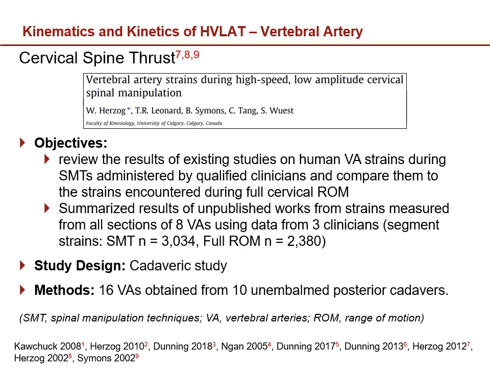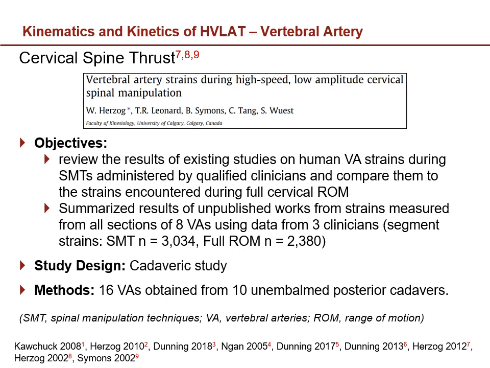Okay, so this was kind of a review paper. Their objective was to review the results of the existing studies on human vertebral artery strains during SMTs, administered by qualified clinicians, and compare them to the strains encountered during full cervical range of motion. They summarized results of unpublished works from strains measured from all sections of 8 vertebral arteries during data from 3 clinicians.